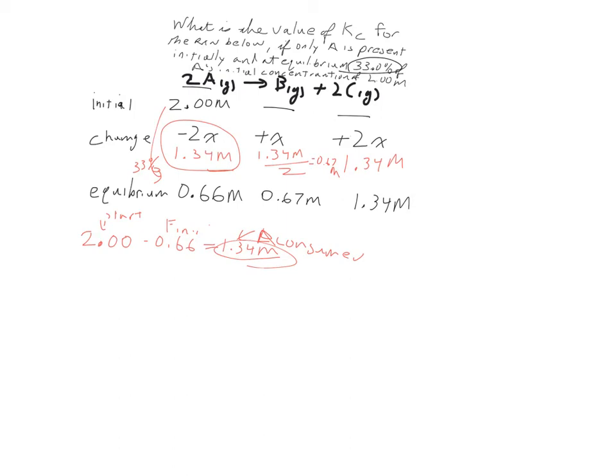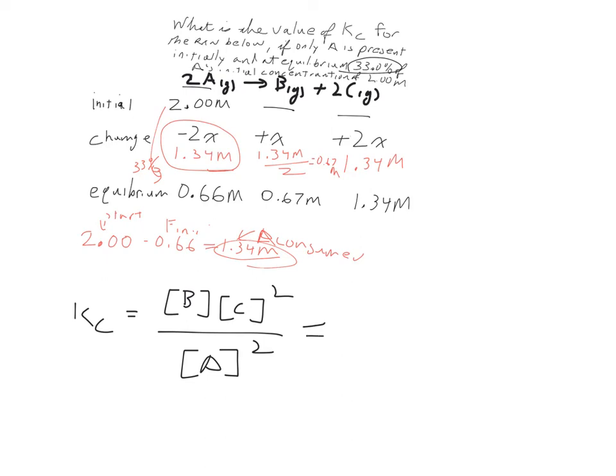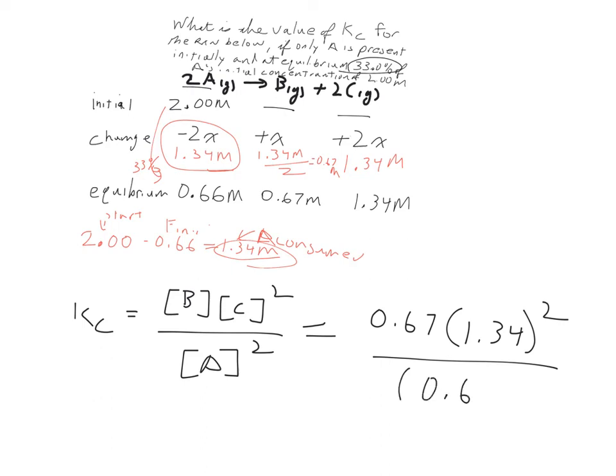And the equilibrium constant is going to be Kc equals products, so it's going to be the concentration of B times the concentration of C squared, divided by the concentration of A squared, equals 0.67 times 1.34 squared divided by 0.66 squared.